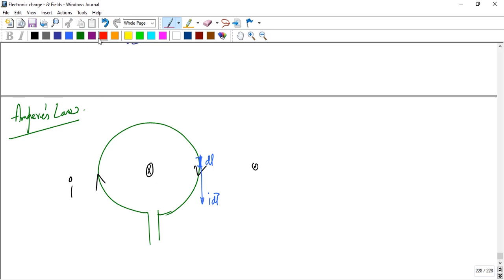Now if I join these two lines, it looks like a circle. Here is the magnetic field in that direction, and here is the magnetic field in that direction, B. And this red colored loop is called the Amperian loop.